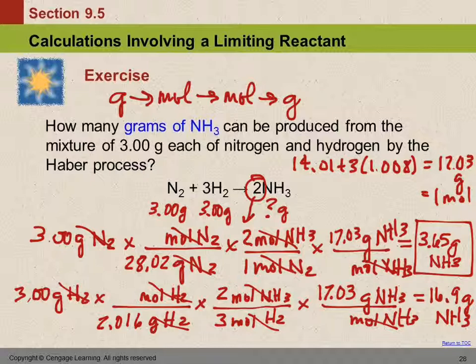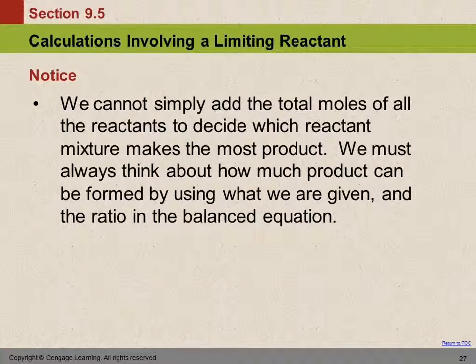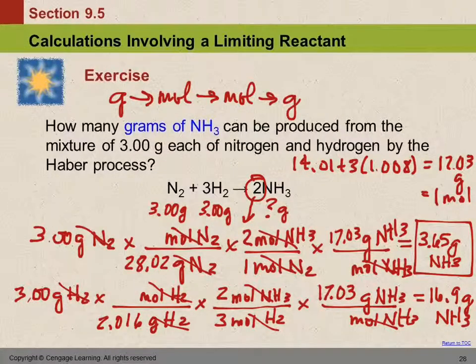And then it doesn't ask, but which reactant is the limiting reactant? Did it again. There we go. See, old dog, learn new tricks. This guy. Nitrogen is the limiting reactant.